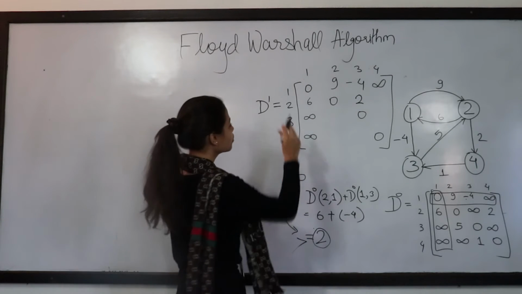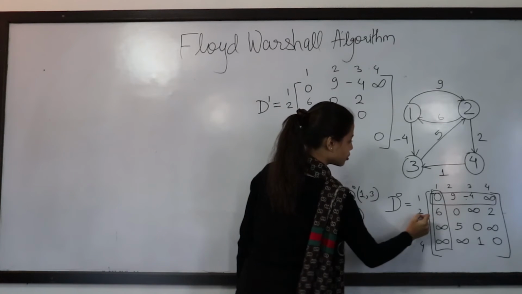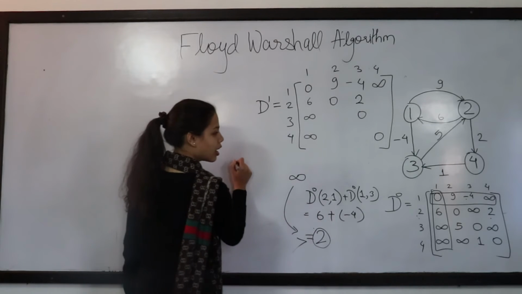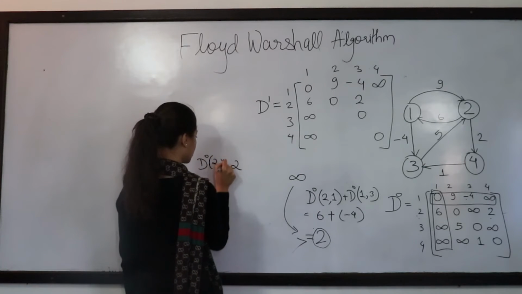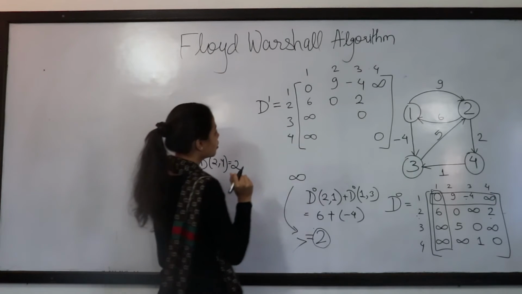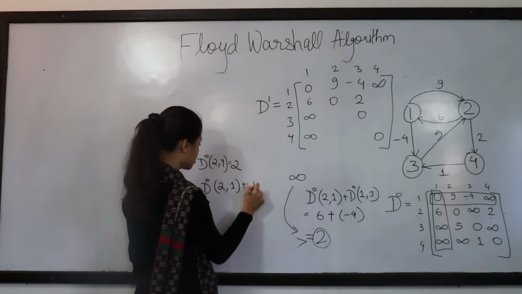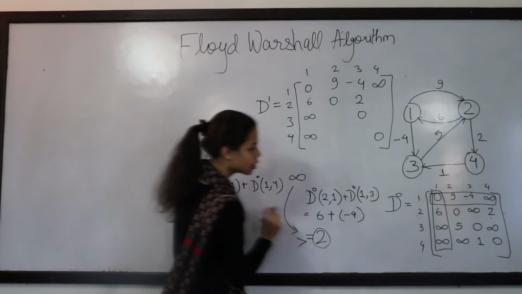Similarly, from 2 to 4, in D0, the distance is 2. Now, via 1, 2 to 1 plus 1 to 4.